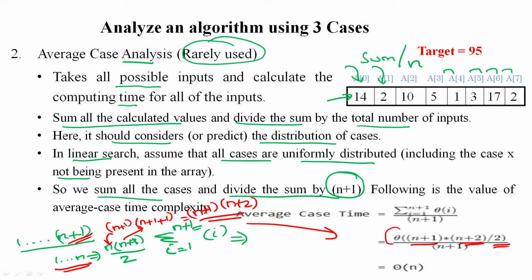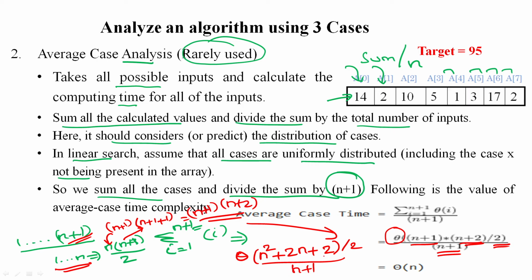This is denoted by big theta, because we are going to calculate the average. When you perform this, you will get big theta of n square plus 2n plus 2, divided by 2, by n plus 1.